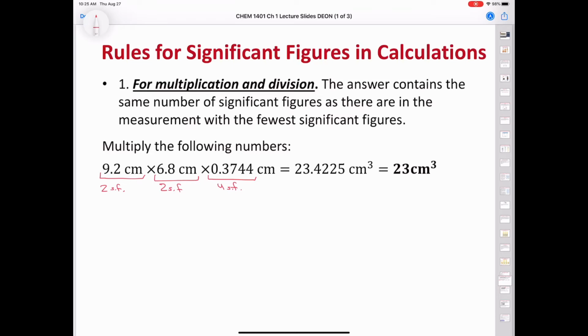It says that the answer has to contain the same number of significant figures as there are in the measurement with the fewest significant figures. Which number has the fewest? Well, there's a tie, okay? Both 9.2 centimeters and 6.8 have 2 significant figures, and therefore our final answer, when we round it off, can only have 2 significant figures.